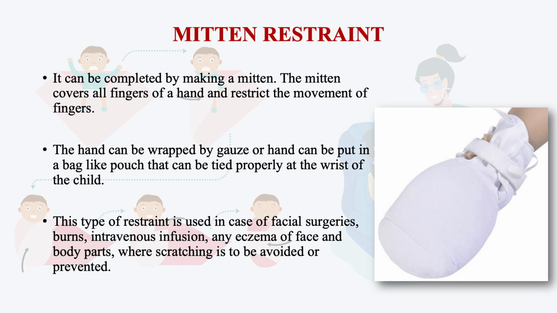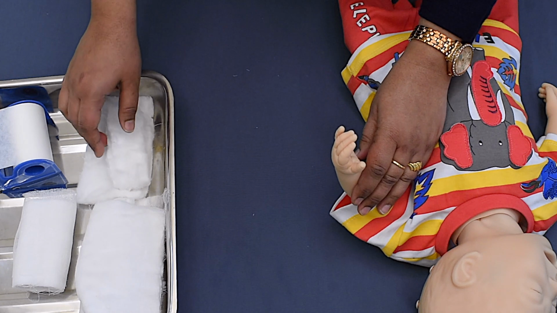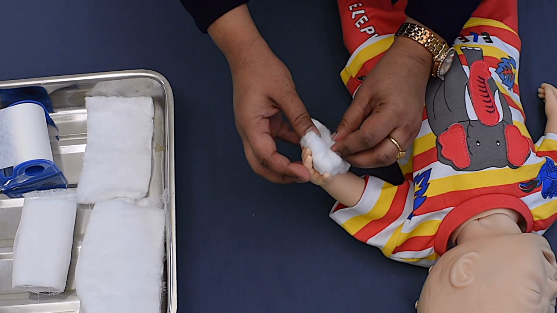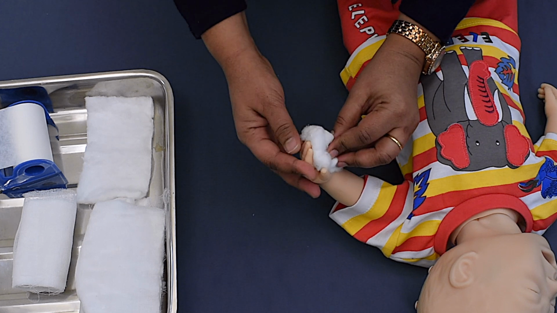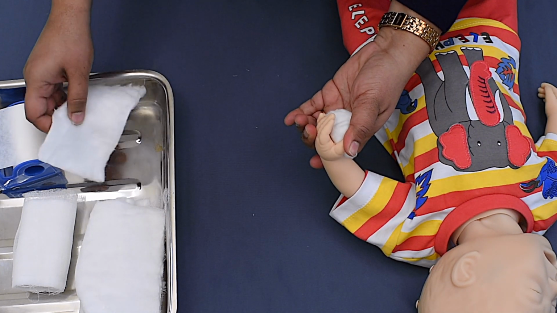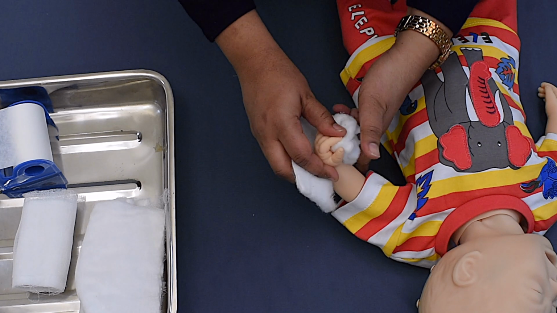Let me show you the procedure of a mitten restraint. In order to make a mitten restraint, give little bit of cotton in the hand of the baby. Make a fist.